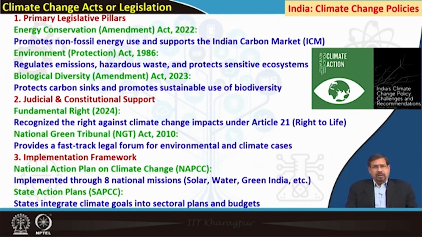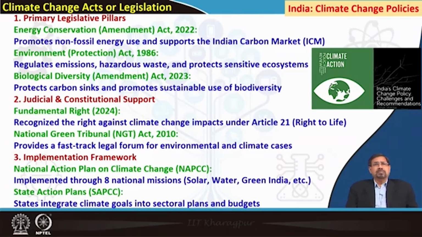It promotes non-fossil energy use and supports the Indian carbon market, ICM. Also, we have the EPA, the Environment Protection Act, which is the umbrella act as far as the environment is concerned, in place since 1986, and that also falls under this.